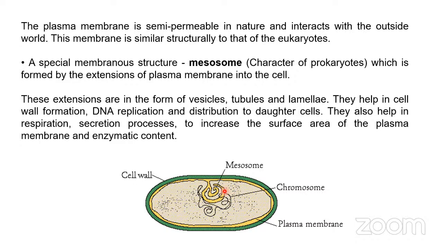What is the function of the mesosome? Mesosomes help in cell wall formation. They help in DNA replication and distribution to the daughter cells. They also help in respiration and secretion processes by increasing the surface area. And they also have enzymatic content that helps in the cellular activities of the cell.